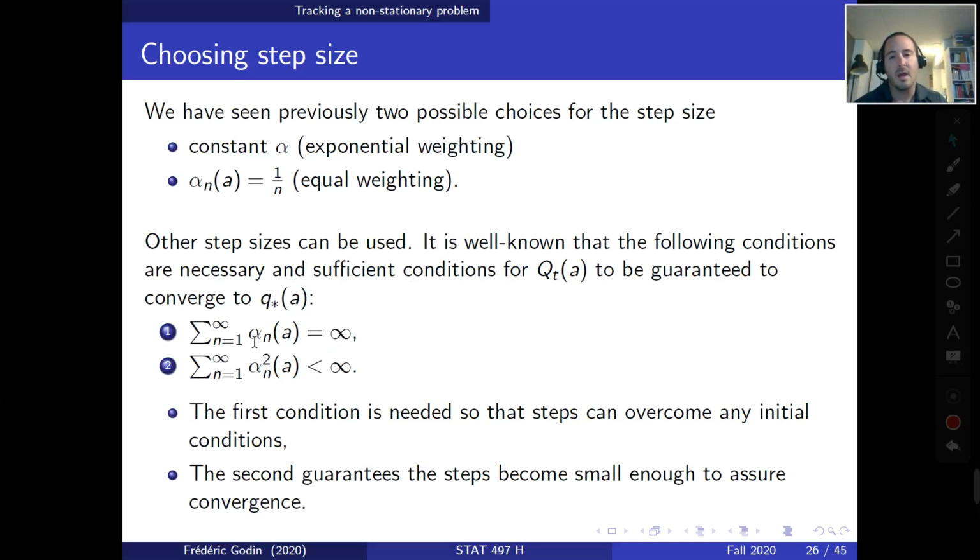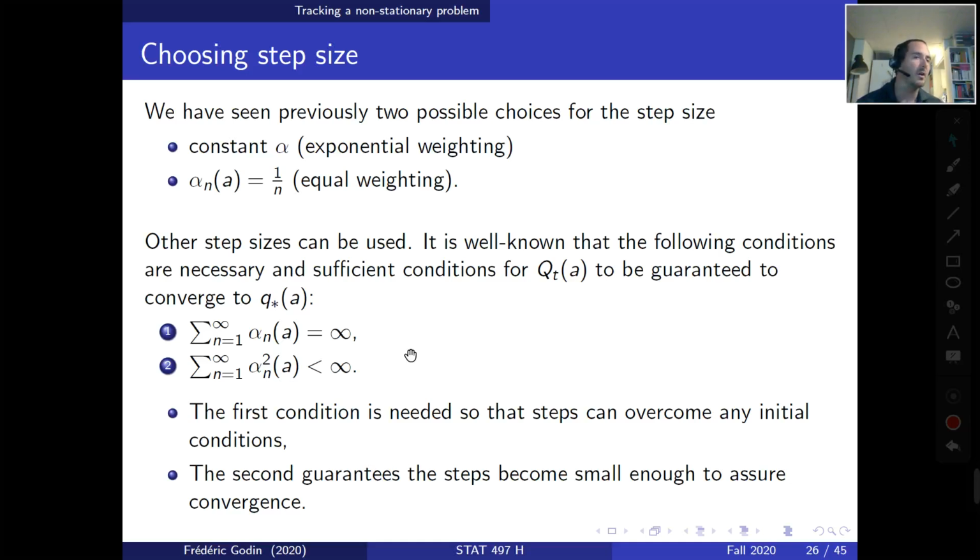You need that the sum of all alpha_n is infinity, but the sum of all step sizes squared is finite. So the sum of the absolute step sizes is infinity, but the sum of their squares is finite. Intuitively, what's the rationale behind these conditions? The first condition is needed so that the algorithm can overcome any possible initial condition.